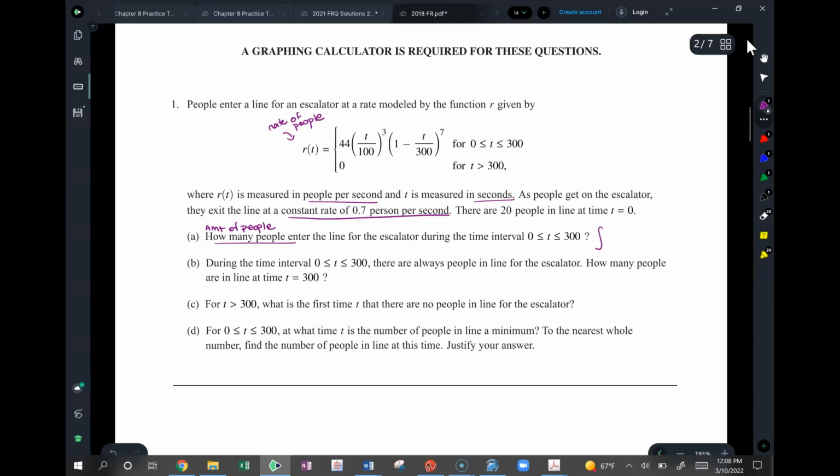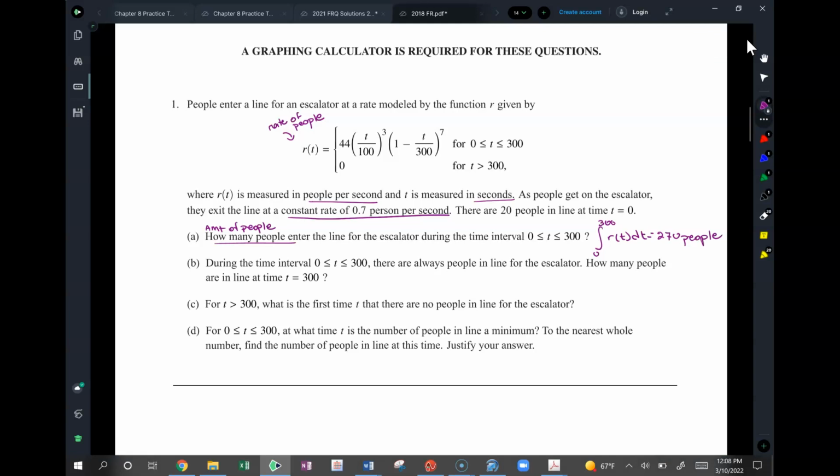So you're just going to do the integral from 0 to 300 of r of t dt, okay? And that equals 270, so that many people will enter the escalator in the first 300 seconds.